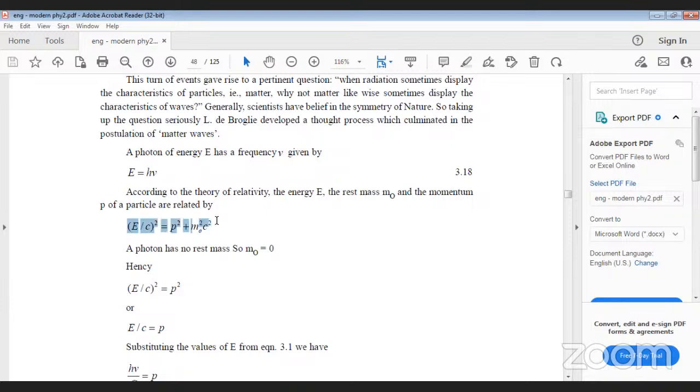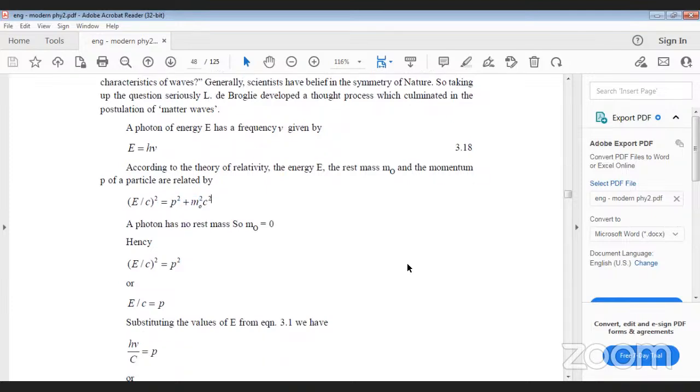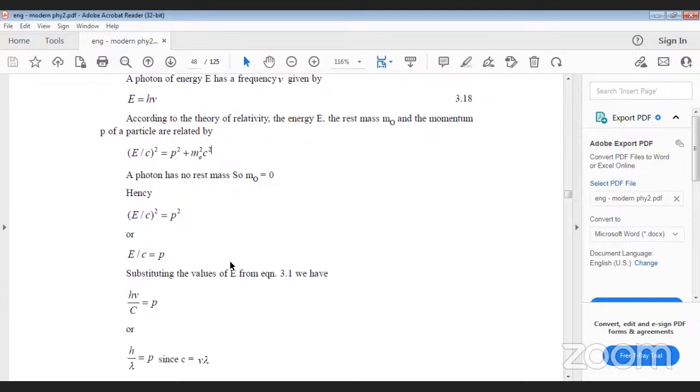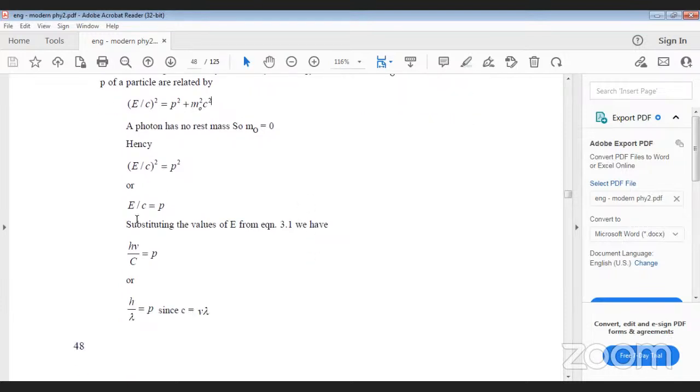Please remember this: (E by c) whole square equals p square plus m naught square c square, where the photon has no rest mass. So for that case, m naught is 0. By substituting, (E by c) whole square equals p square, or else E by c equals p.